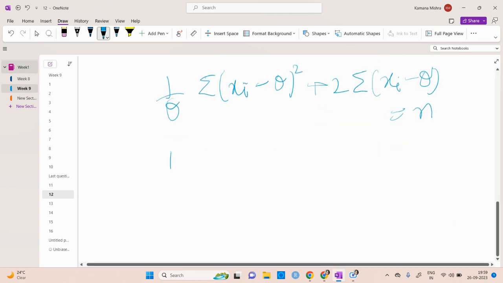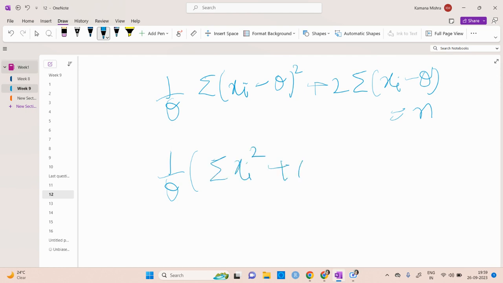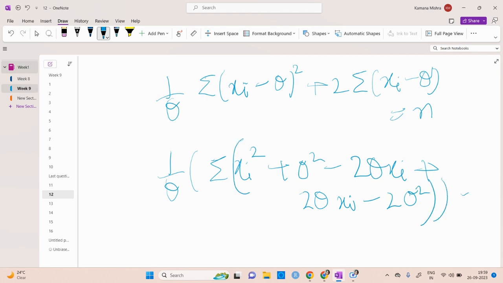So 1 upon theta summation xi square plus theta square minus 2 theta xi. From here, if we open the bracket, plus it will be 2 theta xi, and then 2 theta square minus 2 theta square, right? These are all in summation.